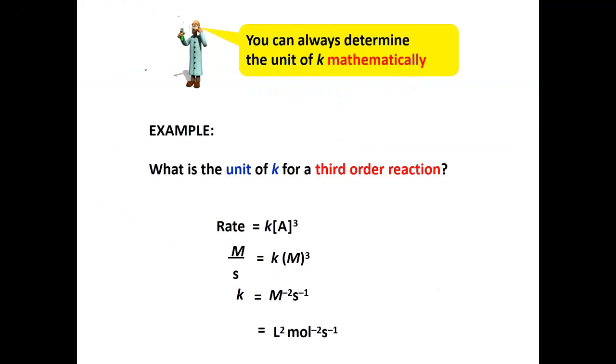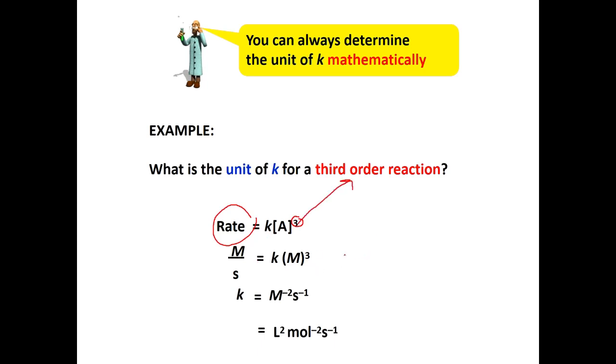Okay, you can always determine the unit of K mathematically. What is the unit of K for a third order reaction? Let's say we have the rate equal to K times A to the power of 3. This one is a third order reaction.